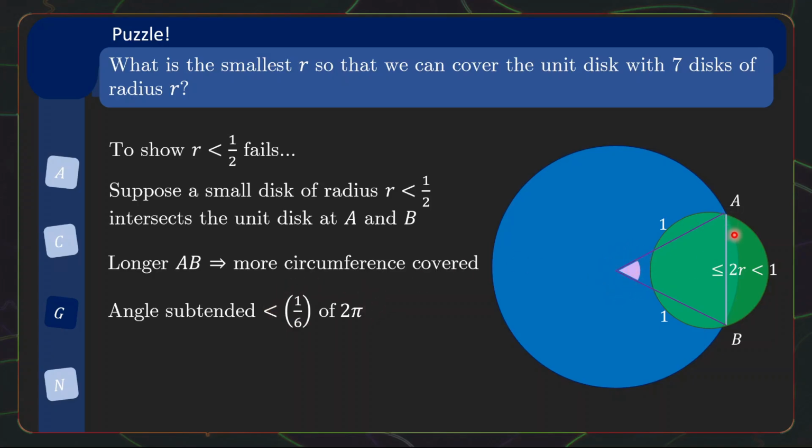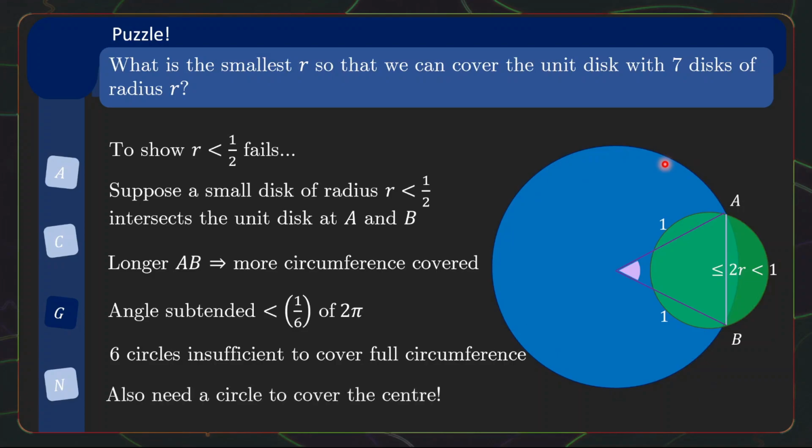This means that the circumference covered by any such small disk will be strictly less than 1/6 of the full circumference. Therefore, we need more than 6 circles, all touching the circumference, in order to fully cover the circumference.